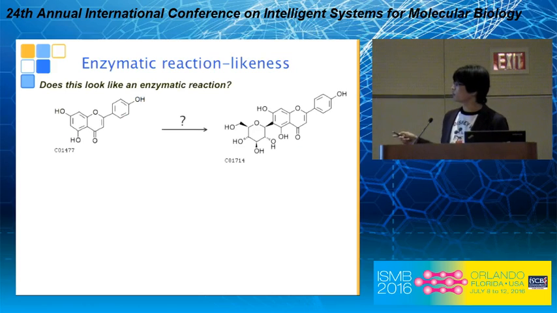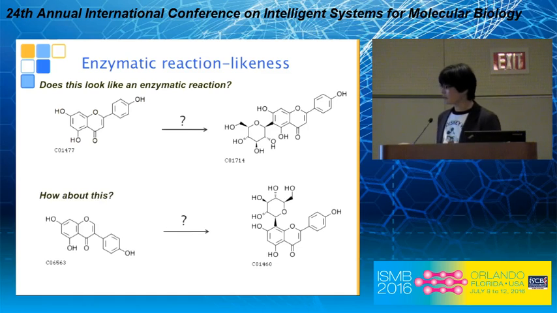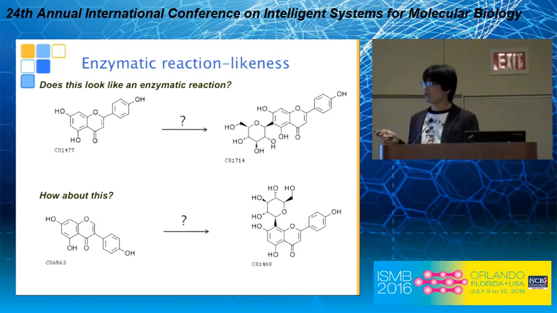So when a pair of compounds is given like this, connected by an arrow, does this look like an enzymatic reaction? Well, what do you think? And here's another example. When a pair of compounds is given, how about this? Does this look like an enzymatic reaction?